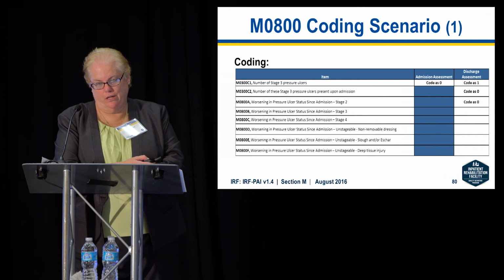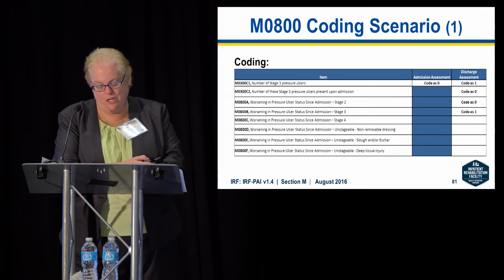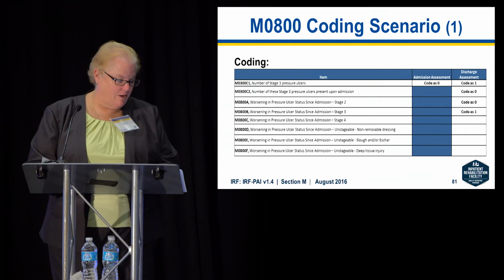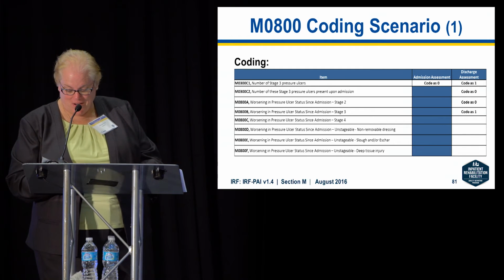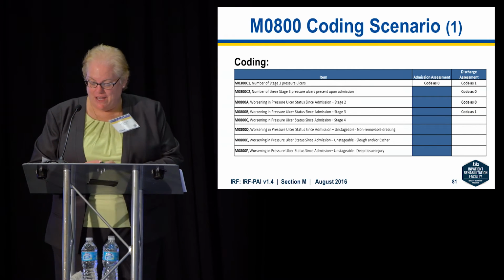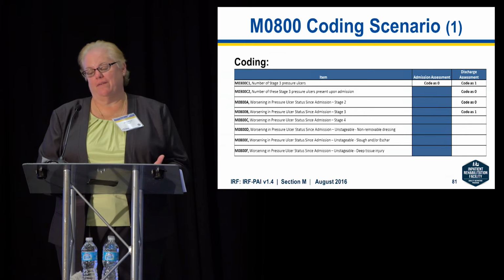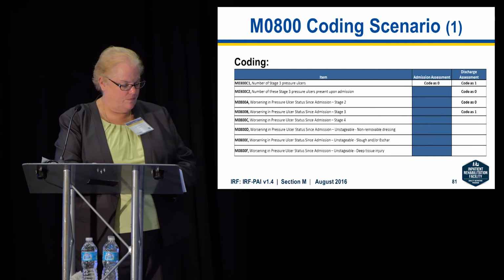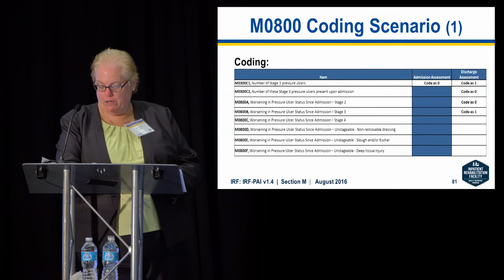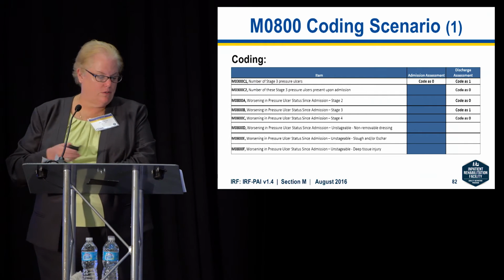What do you think? Everyone's tired. Okay. Stage 3, coding as 1. I'm tired. So we're coding as a 1 because he has a new stage 3 since admission. He didn't have stage 3 on admission, so it's new. How about for stage 4? Right, we didn't have any stage 4s.